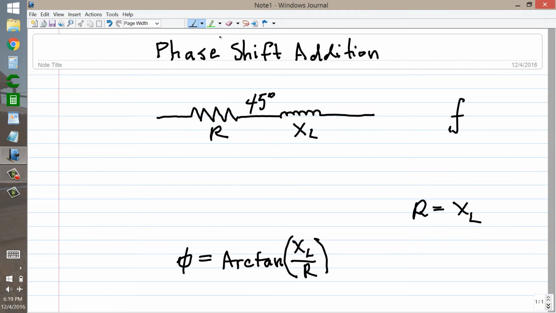Now, my viewer's question was, suppose that you connect two circuits just like this. And consider that we have a circuit like this that produces a 45 degree lag in the current with respect to the voltage. And then we take another circuit just exactly like it.